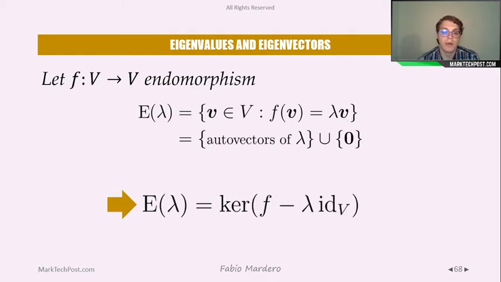If we take a generic eigenvalue lambda, then if we subtract from f lambda times the identity linear map that goes from one vector to the same vector, then the kernel of this function is equal to the eigenspace for a generic eigenvalue.